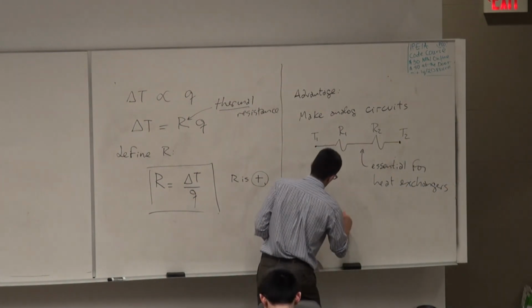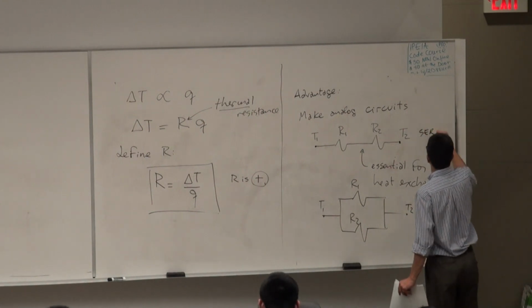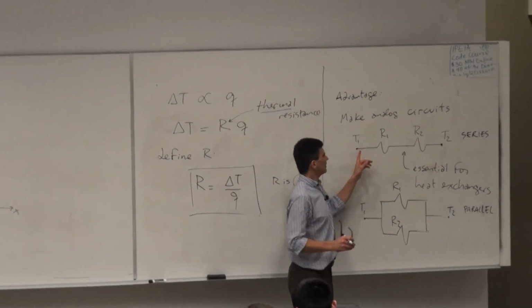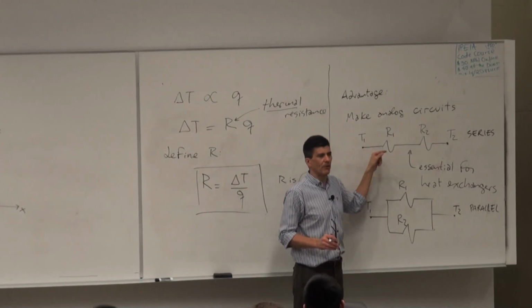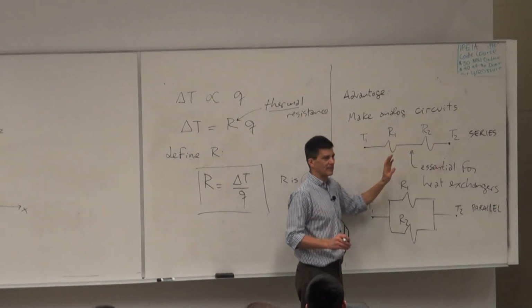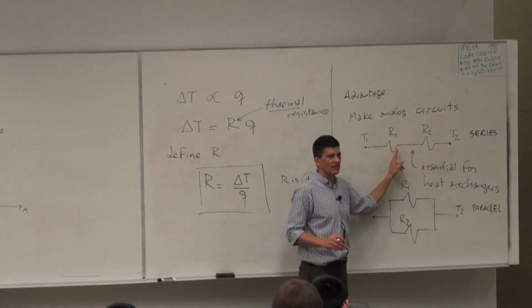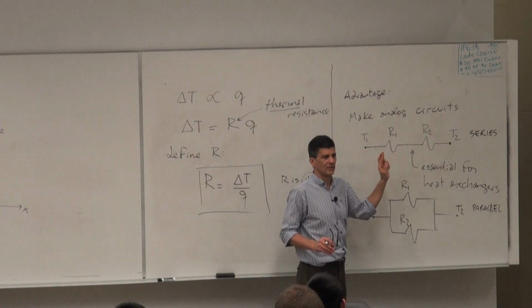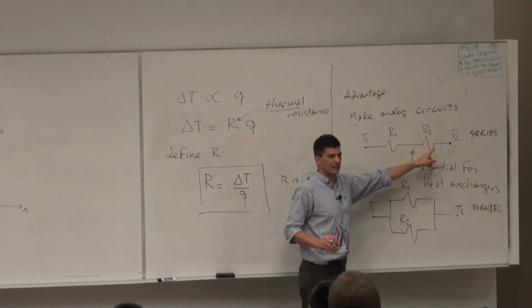There is another one. This is called series, and this is called parallel. Which is which? If the wire represents the heat flow, and this represents the thermal resistance, do these two resistors see the same heat flow? They do. It goes from here and there, right? It doesn't get lost.